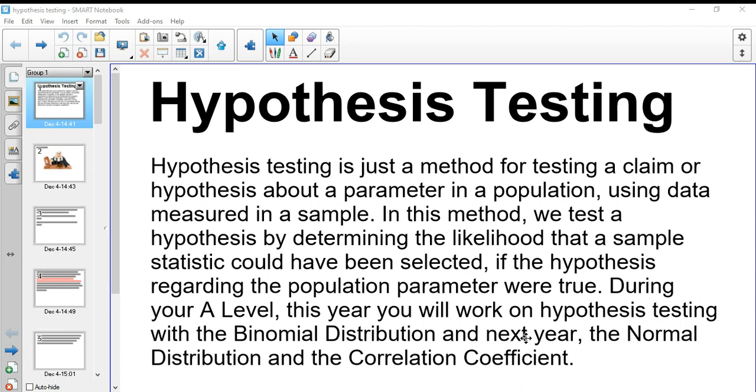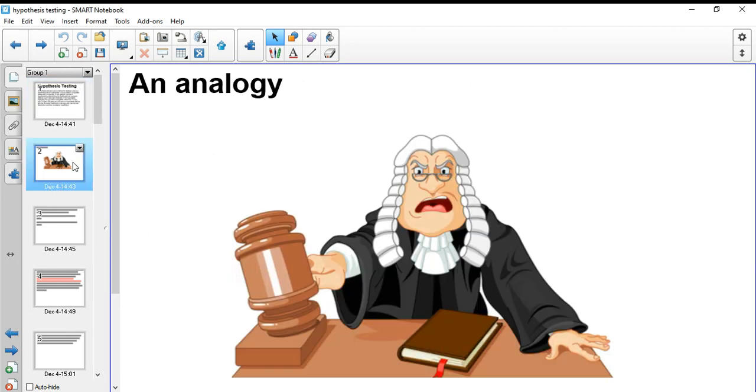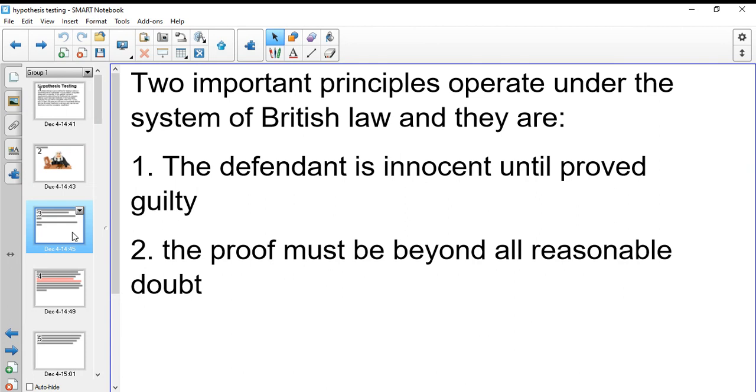So just to try and explain what that is, I've come up with a bit of an analogy. Consider what happens in a court of law. If someone is accused of a crime, then there are 2 important principles that operate under the system of law.